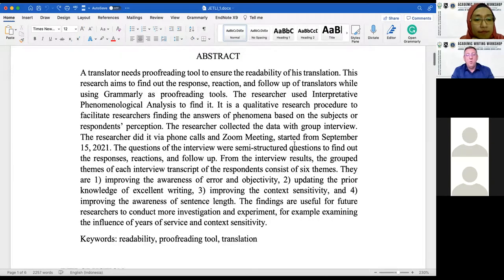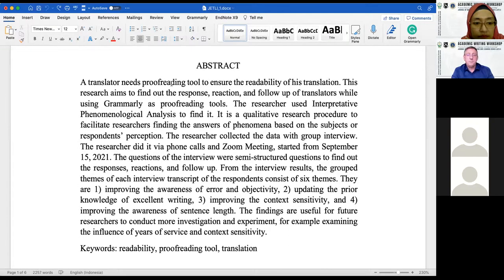Now, if we look at the abstract, the first sentence: "A translator needs proofing tool to ensure the readability of his translation." Okay, right there, that first sentence causes me so much concern.